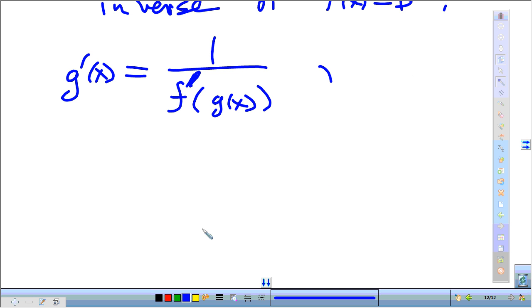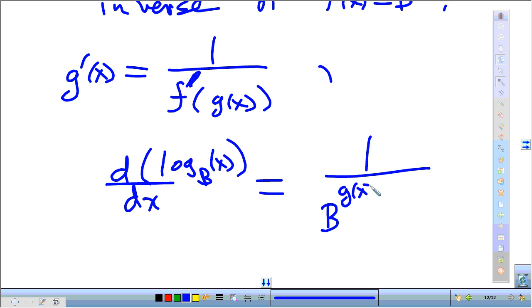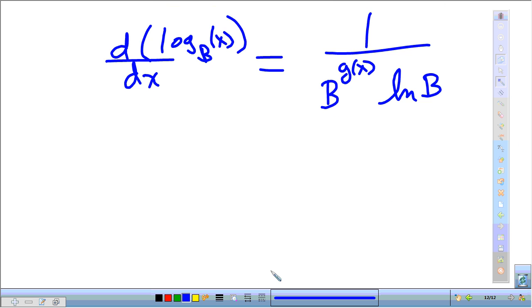So in this case, the derivative of the log base b of x would be 1 over the derivative of f, which is, oh, that's the exponential. The exponential derivative is always the exponential times the natural log of b.